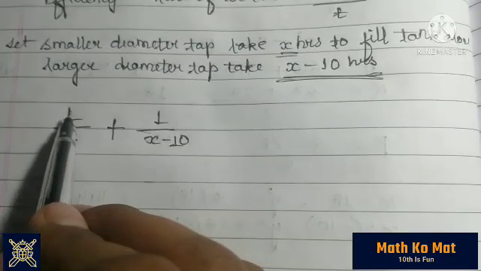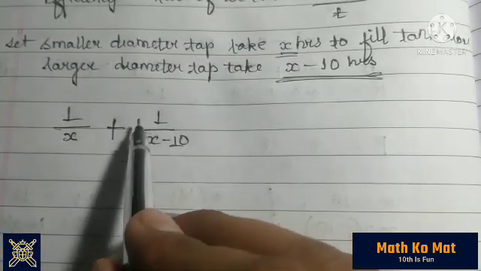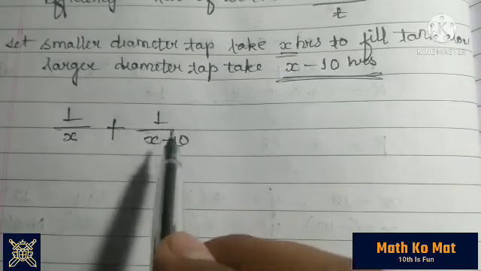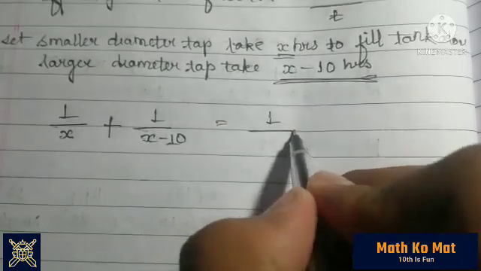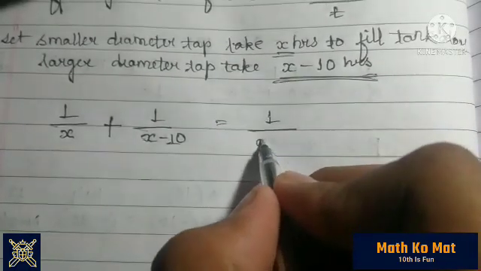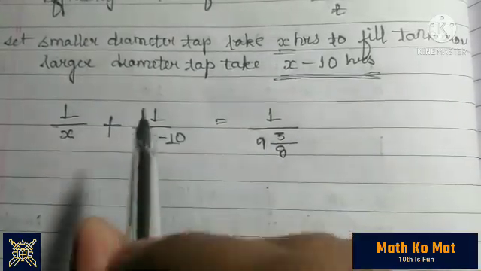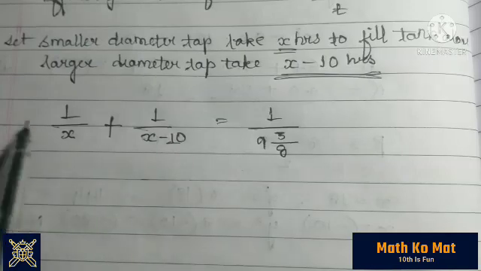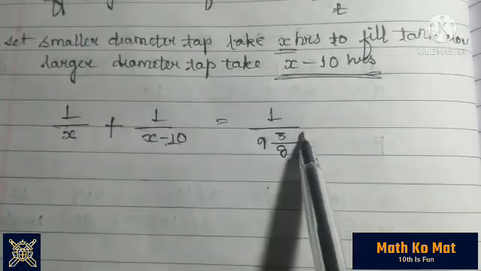So the efficiency of one tap plus the efficiency of the second tap would be equal to the total efficiency of the system. Since it was completed in 3 by 8 hours, the efficiency would be 1 upon 3 by 8.